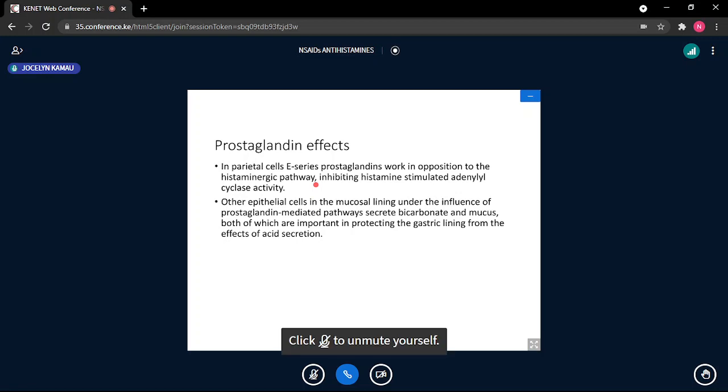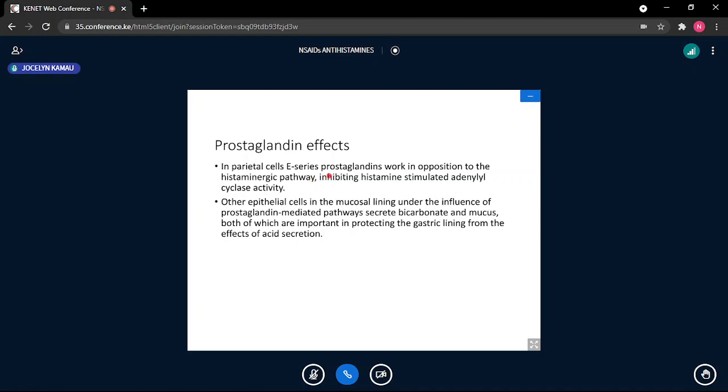And once that happens, when you block the histaminergic pathway, that means you will have relief, and of course you have the cytoprotection.